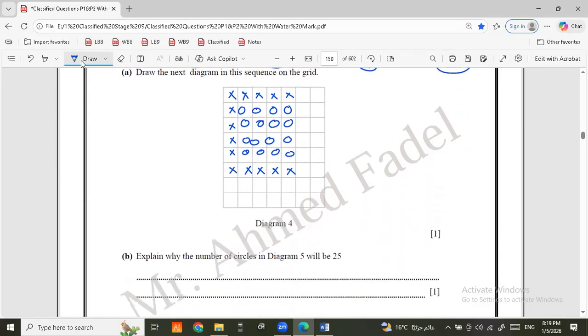So you're going to explain this here because the number of circles is the square of the diagram number.